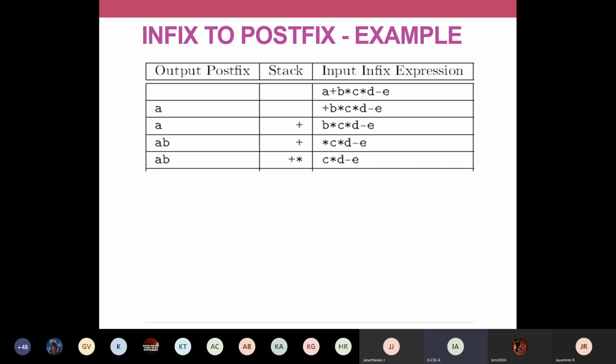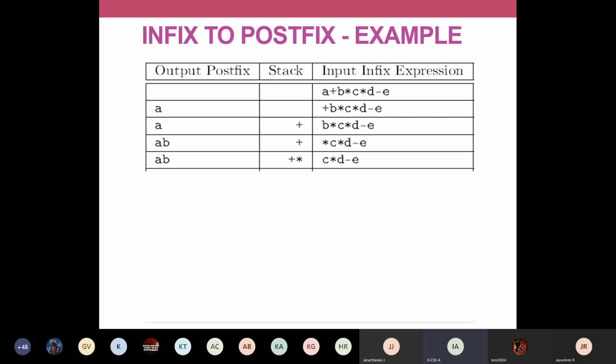Else, if your input token has higher precedence than your stack content, what should we do? We should push the input token into the stack. This you should remember. This is the only step you are going to remember.